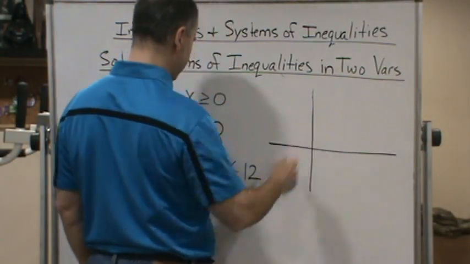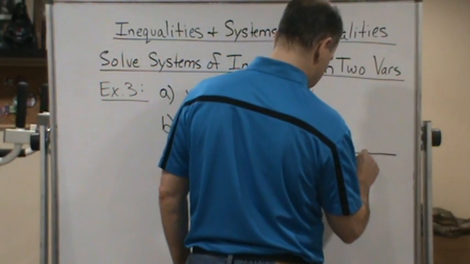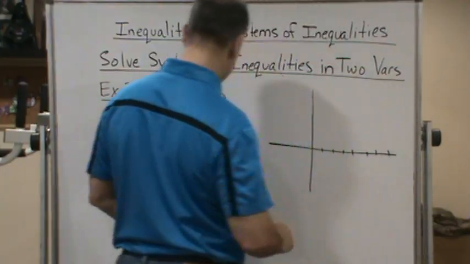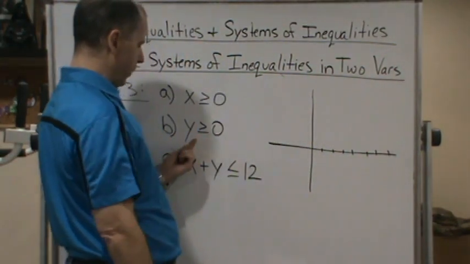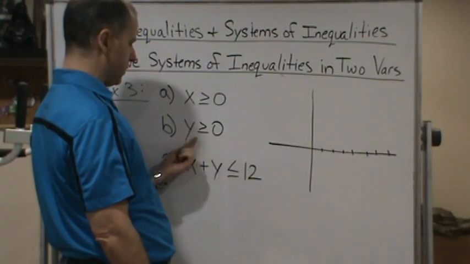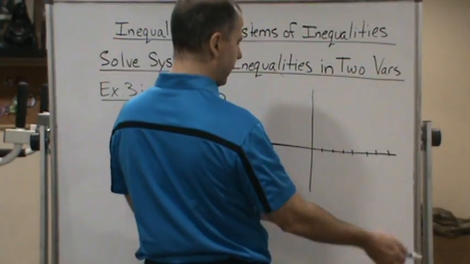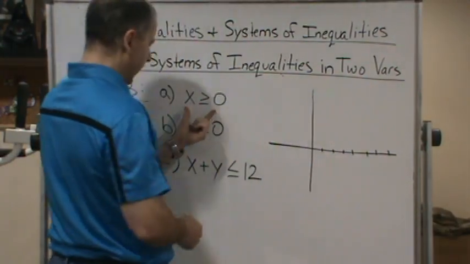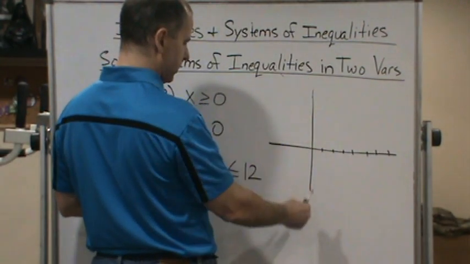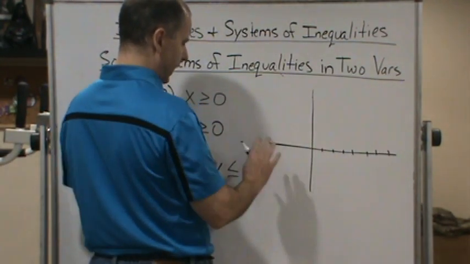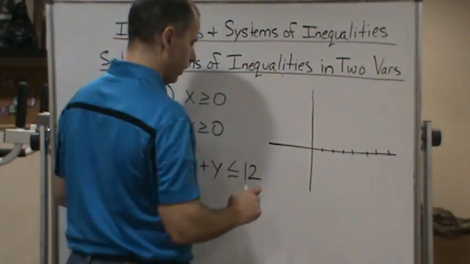So we know that everything's going to be in the first quadrant for our graph because it's greater than or equal to 0 in the Y direction. So that means this is the equation. What does this represent? This represents the x-axis, so we're dealing with everything above the x-axis, and x being greater than or equal to 0 means that we're dealing with x equal to 0, which is the y-axis, and everything greater than or equal to is to the right.